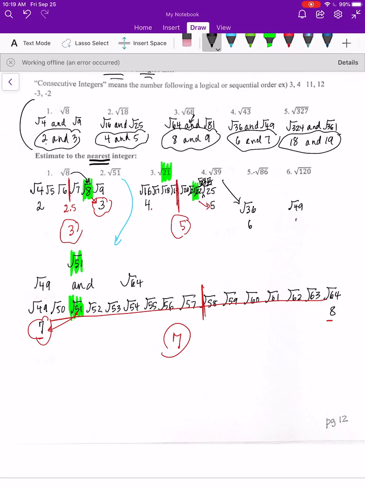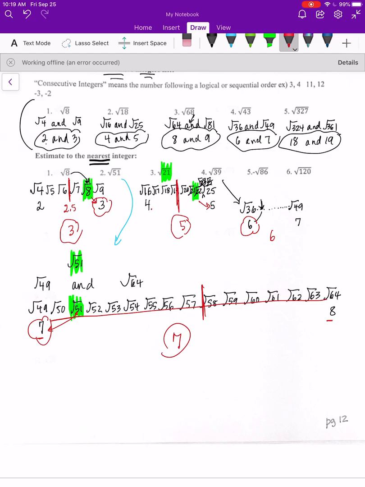The square root of 49 is 7. So where is it closer to? Now I'm just going to start to think about it. 36, 37, 38, 39, and then it'd be 40, 41, 42, 43, 44, 45, 46, 47, and 48. Well, 39, didn't I count it like right about here? So it's closer to, you got it, 6.